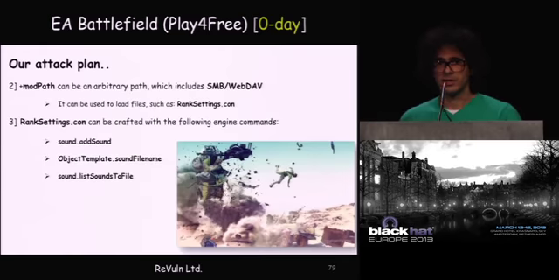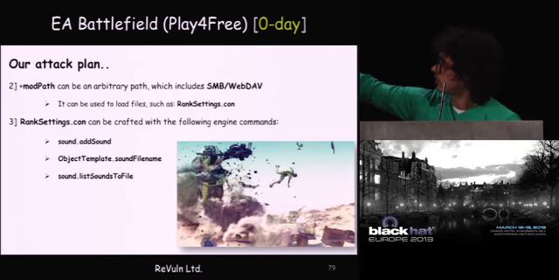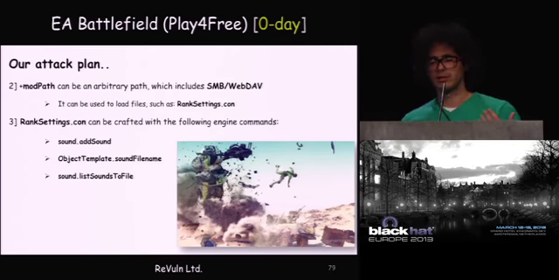This folder is an arbitrary one. So we can specify also an SMB or WebDAV folder, a shared folder on the attacker. And those 3 commands you see on the screen are used to write a file in an arbitrary location of the disk.